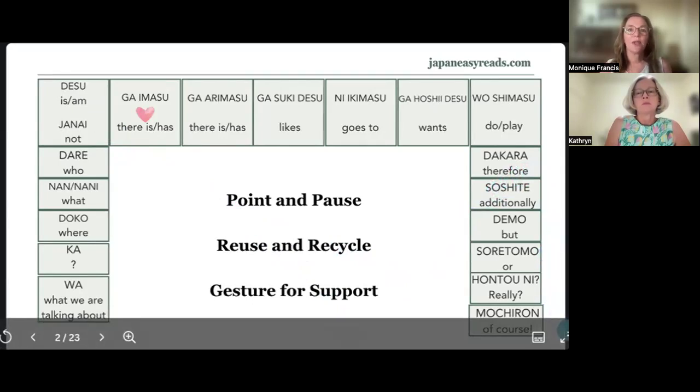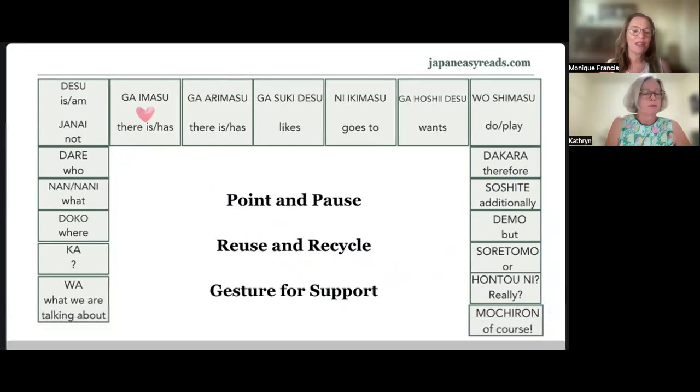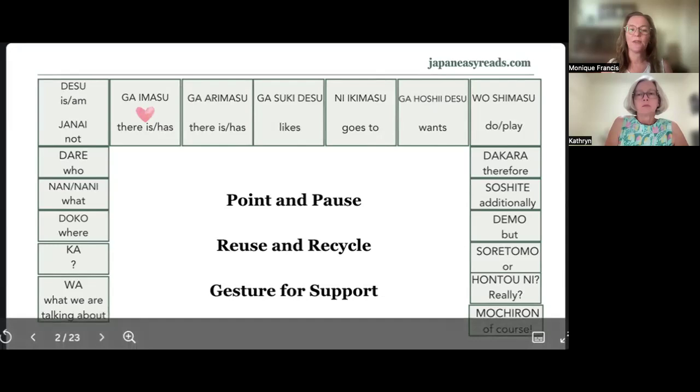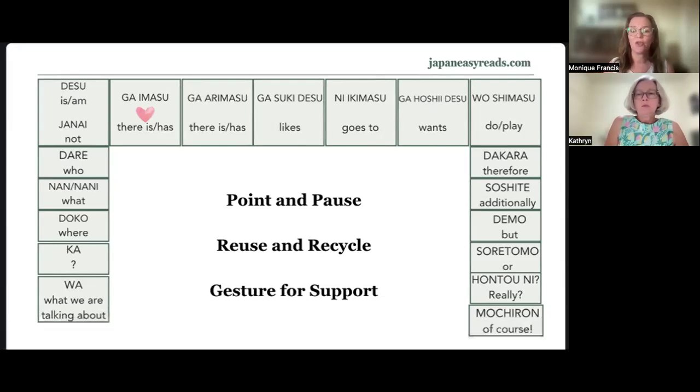And like with anything, reuse and recycle the language, keeping it narrow and deep, and using anything such as gestures for support if need be, or even a quick translation of a word that is needed but perhaps is not one of the highly important words. It might just appear once or twice if you think that you need to give a short, quick translation in English of that word.